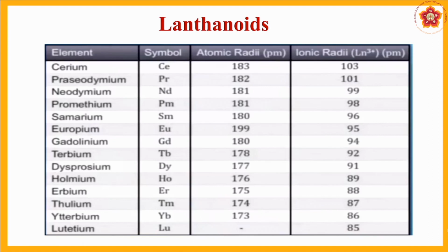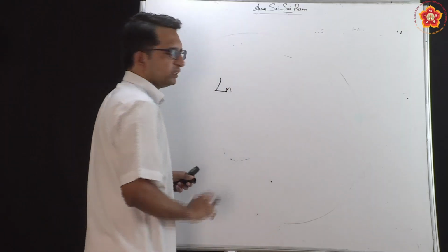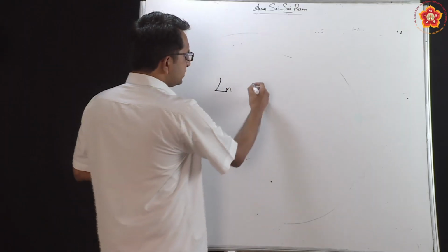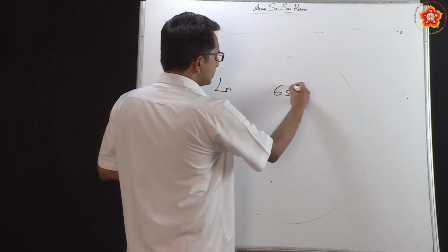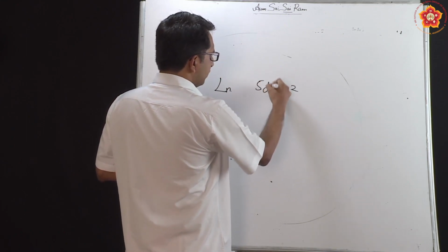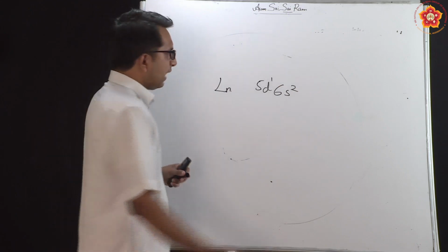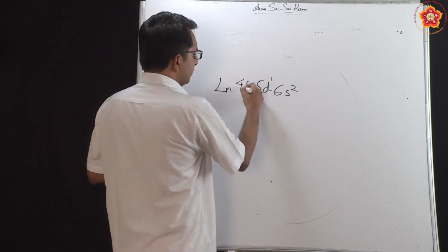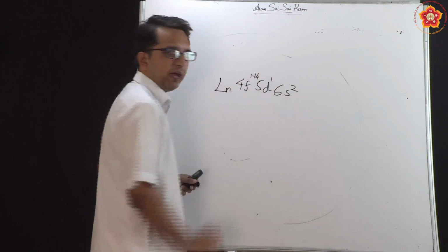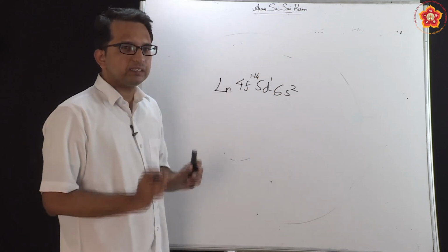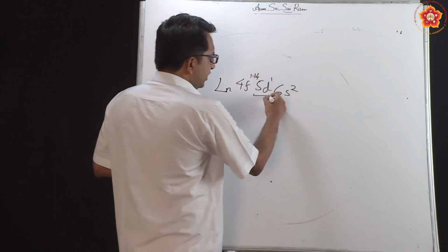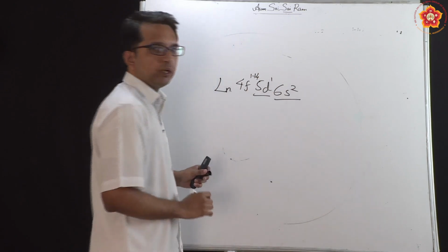Why is Ln3+ considered? Because whenever we write the configuration for these lanthanoids specially, we see that it has a configuration of 6s2 and then maybe 5d1, because lanthanoid elements are after lanthanum, and then we may have certain 4f electrons, whichever it is, from 1 to 14. So the best stability is seen where the 5d electron is removed and the 6s2 electrons are removed.